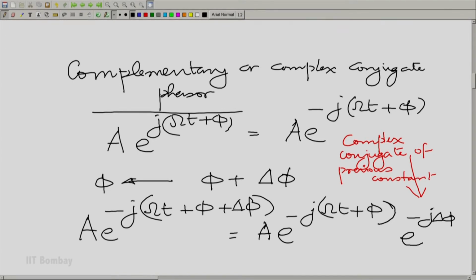As you notice, this is essentially the complex conjugate of the previous constant. So, the beauty is that if I have the same change delta phi in the phase in the two cases, in one case the corresponding constant by which the original phasor is multiplied is the conjugate of the other.